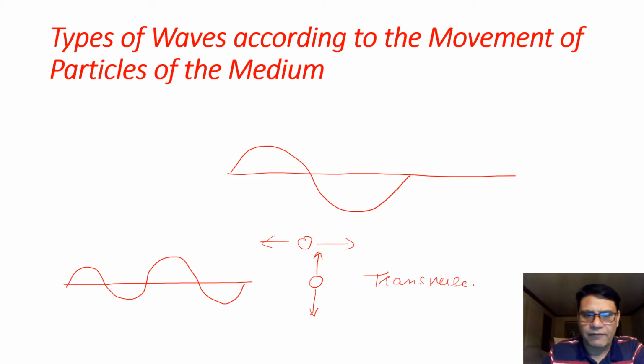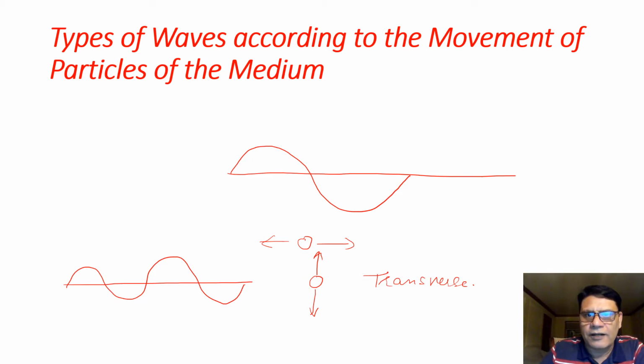All electromagnetic waves are transverse waves, and such waves do not need a medium for propagation. Radio waves, gamma rays, light waves, infrared waves, and microwaves are all examples of electromagnetic waves.